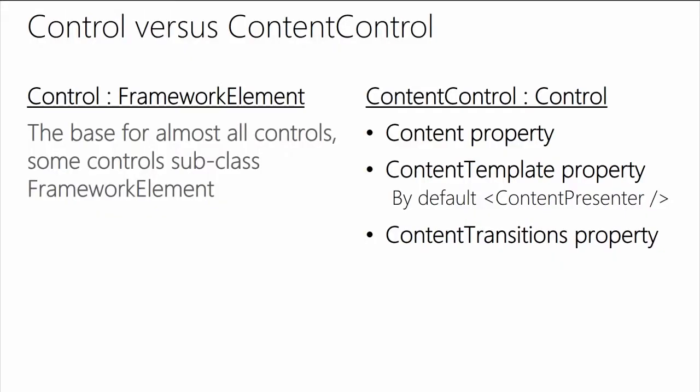Control itself inherits from FrameworkElement, which we saw in that family tree that we built, right? Almost all controls inherit from this, and it gives us basically everything we need in order to be rendered up in the XAML tree. But what it doesn't give us is the content property. And so you're wondering what the difference is between ContentControl and Control.